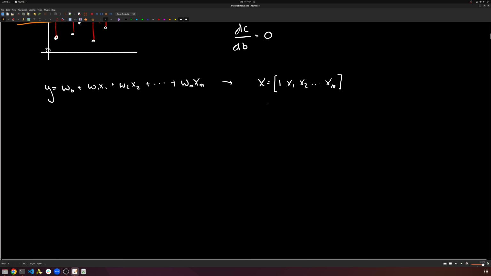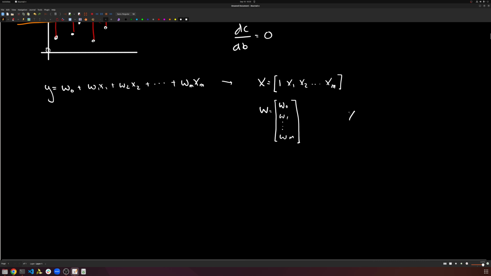And our w is going to be a column vector: w0, w1, dot dot dot, wm. And so if we do xw, that'll provide us w0 times 1, w1 times x1, w2, dot dot dot, all the way up. So it'll provide the same thing. xw is basically our form for this entire regression.